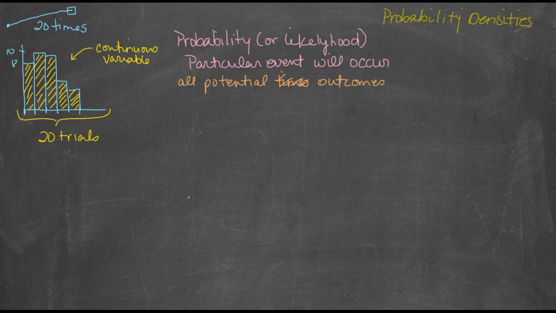So data like this that come from a continuous variable will produce continuous distributions. And one very important type of continuous distribution is called the normal distribution.